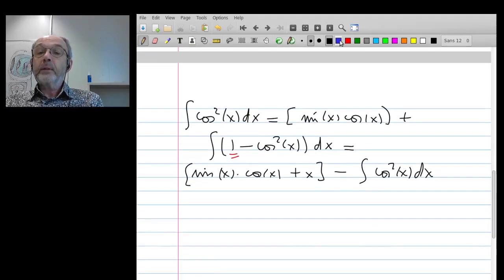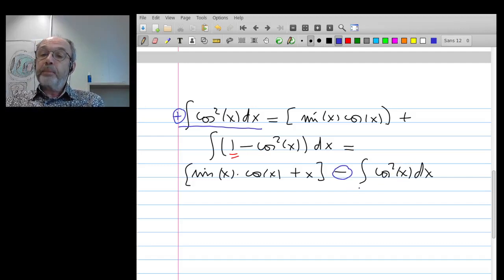And then look, here we have plus the cosine squared, and here we have minus the cosine squared. So I can throw this part here from the right hand side to the other side of the equal sign. And so what do we get out of it?